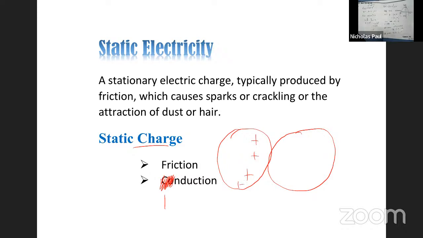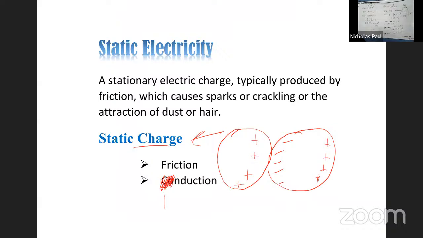What will happen? The electrons will move towards the positive charge. So one side will be negative, the other side will be positive. This is charging by induction. If I move this away, the charge is no longer there. Are you okay with that?